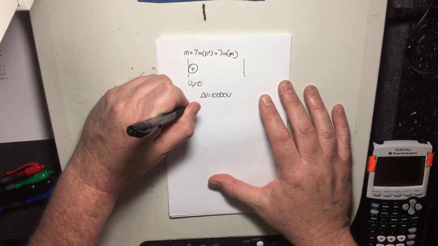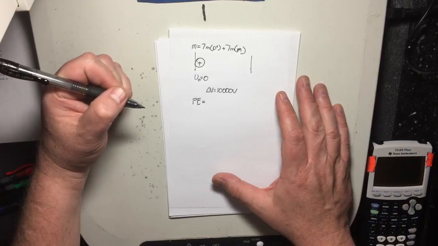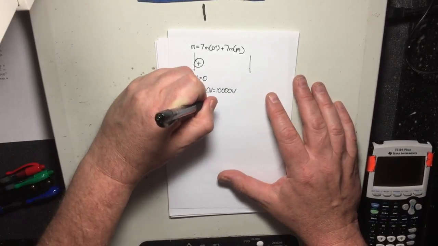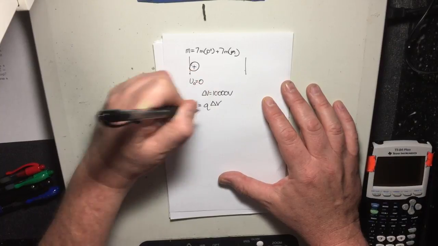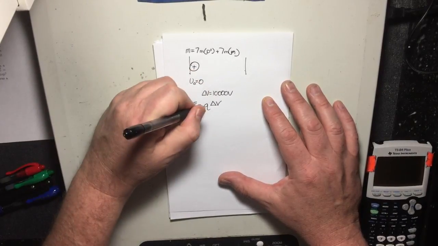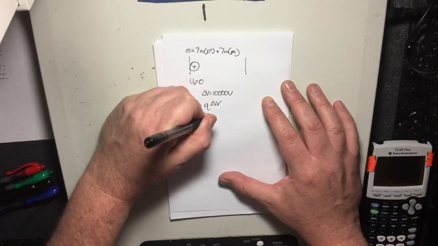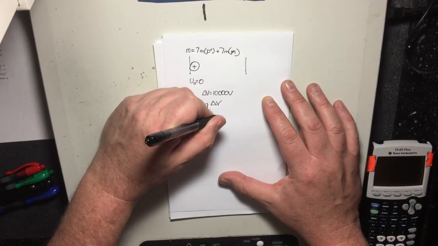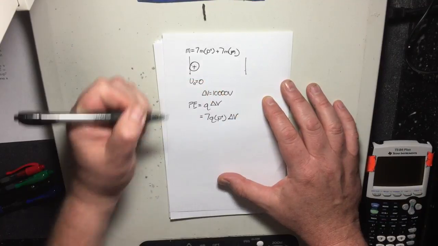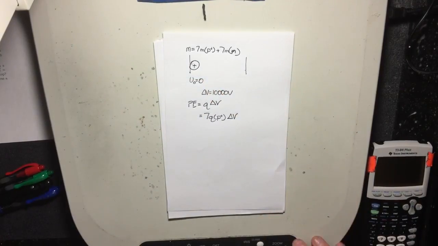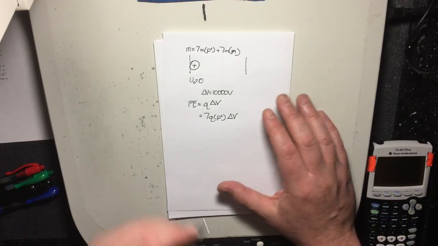The potential energy, just like that first problem in lab, is the charge times the delta V. So the potential energy is 7 times the charge of a proton times that 10,000. And that's the potential energy. So you can look all of that up.